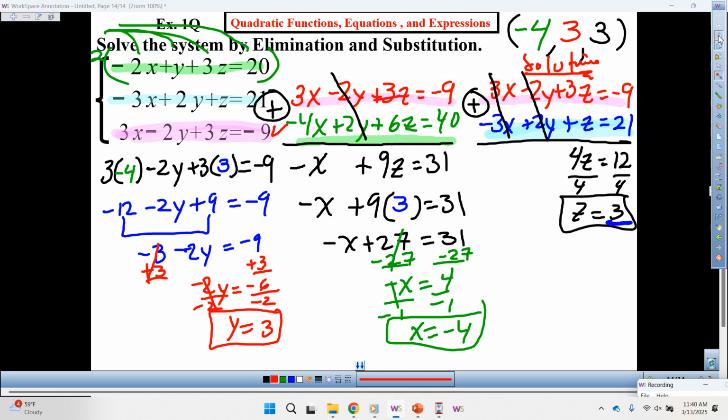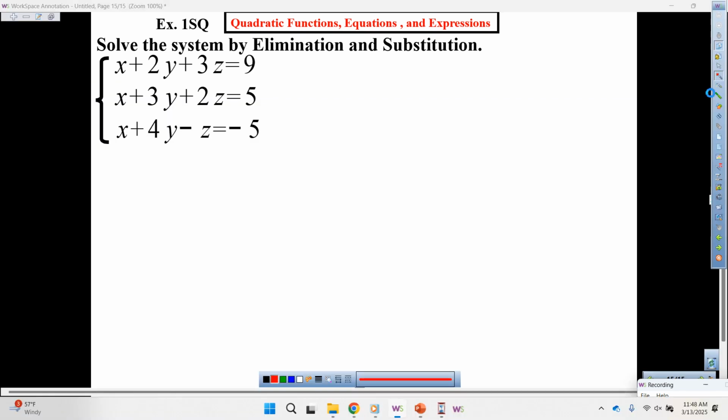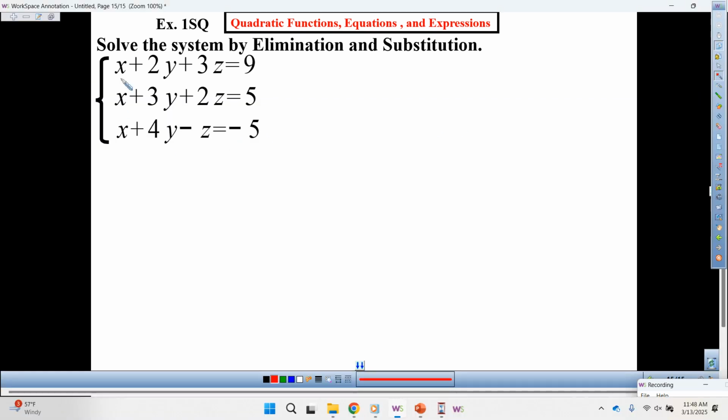All right, so look at this one. Don't copy it. Tell your neighbor which variable would be the easiest to eliminate from the beginning. Elijah, which one?